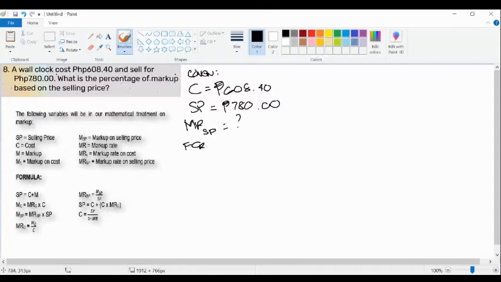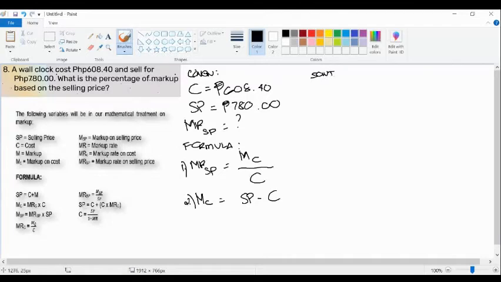What is our formula for the markup rate on the selling price? That is markup rate on the selling price equals markup on cost over your cost. And the formula for the markup on cost is selling price minus the cost.